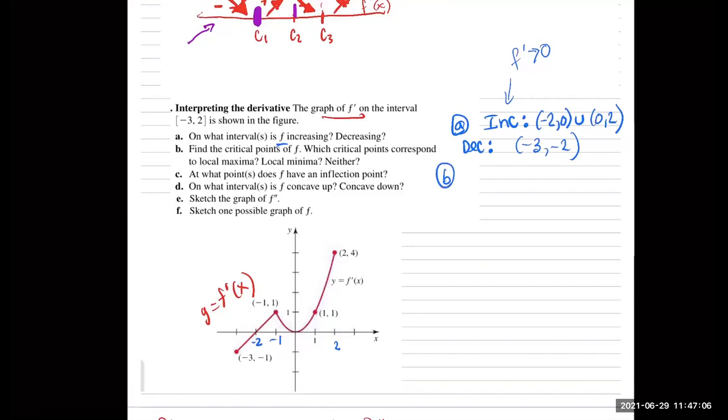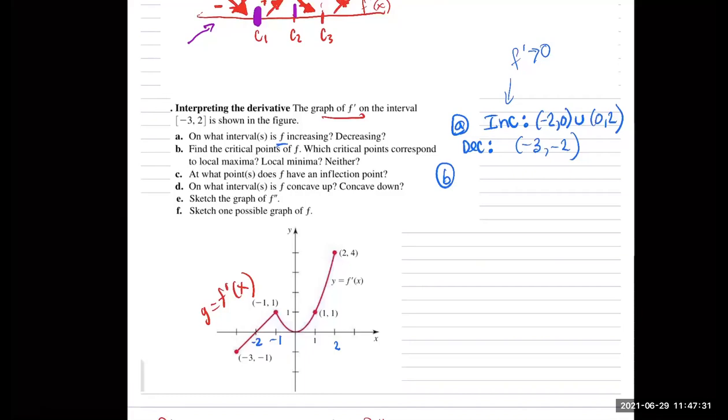Okay, so let's see if we can do part B. Part B says find the critical points of f. So what am I looking for when I find the critical points? How do we get critical points? So don't worry about telling me where that happens on this graph yet.